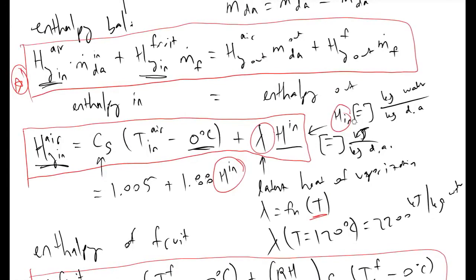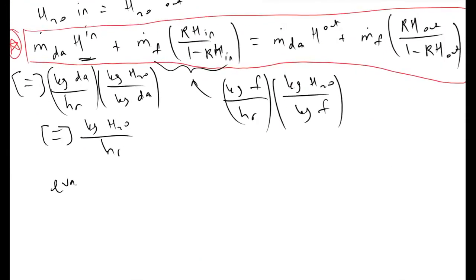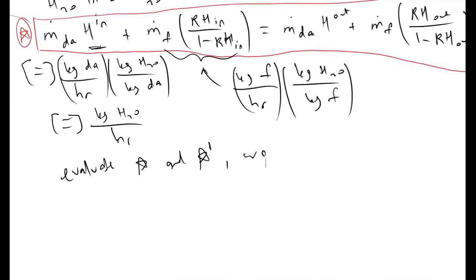And so if we evaluate star and star prime, we can solve for whatever mass flow rate will be required of our airstream to figure out what we need to successfully dry our fruit to a needed level.